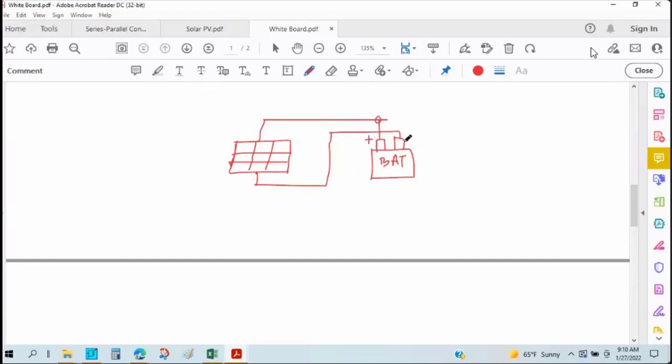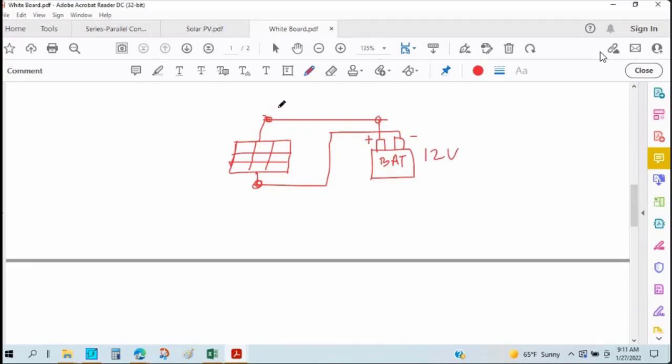What will be the operating voltage of this solar panel? Let's think that the voltage of the battery is 12 volt. If we want to charge the battery, the voltage should be higher than the battery voltage.